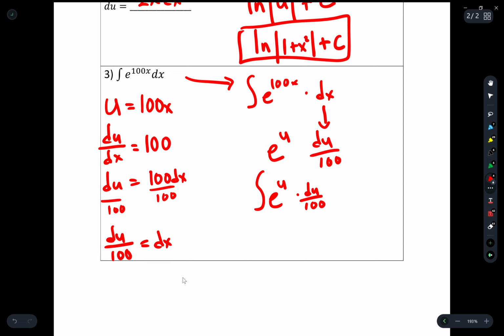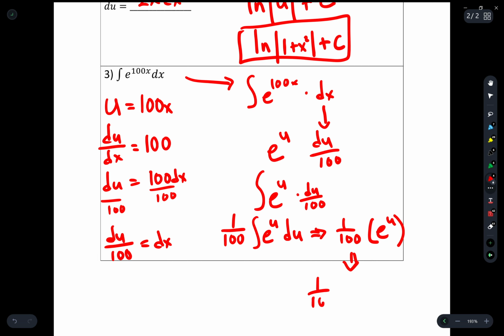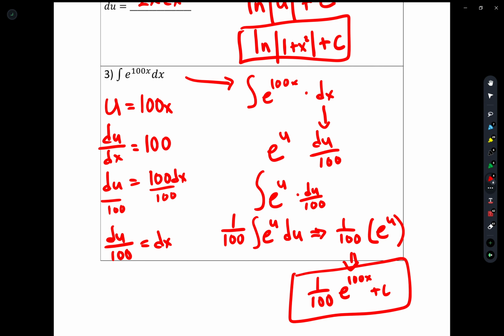I'm told that I can put my constants on the outside, which is just 1 over 100 du, e to the u times du. And that's simply going to be 100 times e to the u, which is just 100 times e to the 100x plus c. You could put it all over that 100, but that's what you have right there.